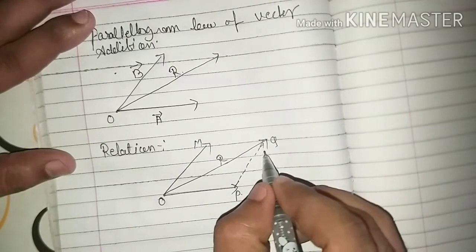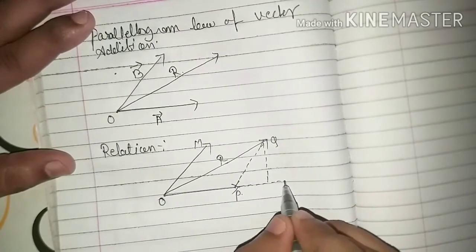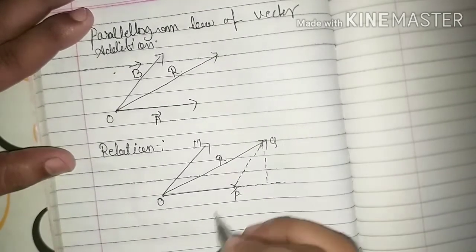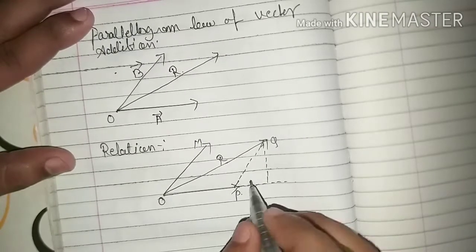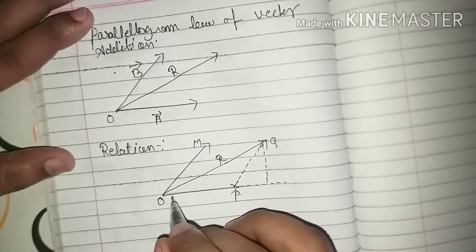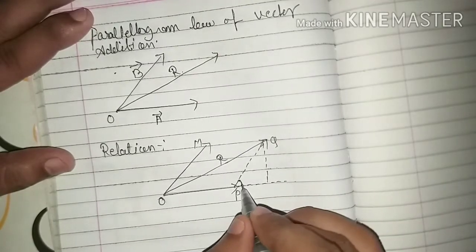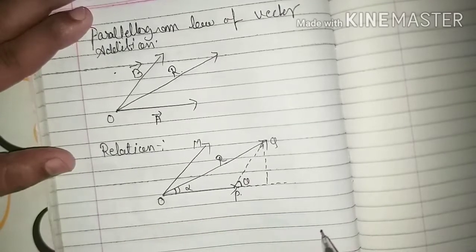Now drop a perpendicular from here and extend this vector in this direction, so you get this kind of structure. Here there is an angle between this direction and this direction, which we name theta, and another angle which we name alpha.